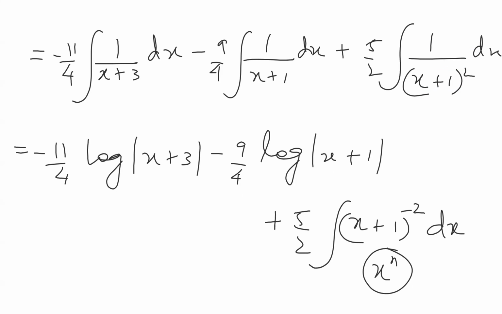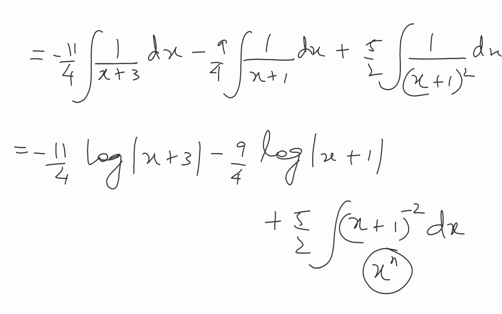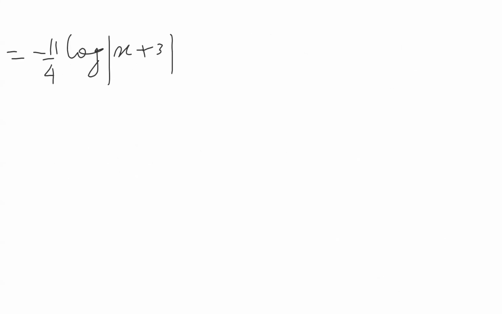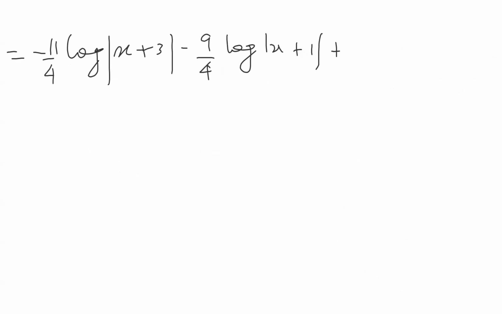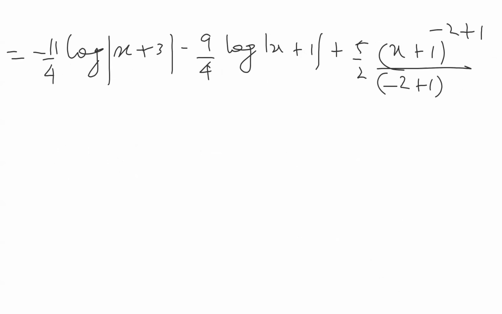So minus 11 upon 4 log mod x plus 3, sorry. Okay. Minus 9 by 4 log mod x plus 1 plus 5 by 2 x plus 1 raised to minus 2 plus 1 upon minus 2 plus 1, and there will be d by dx of x plus 1, which is 1.